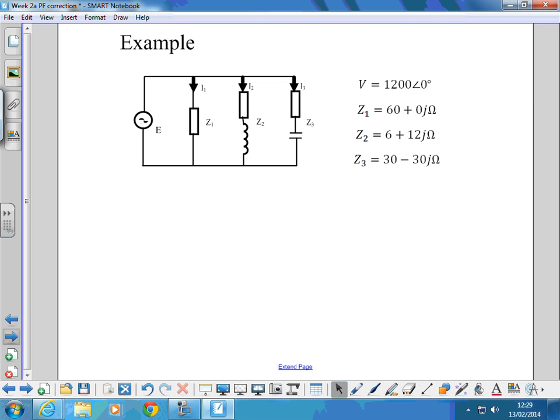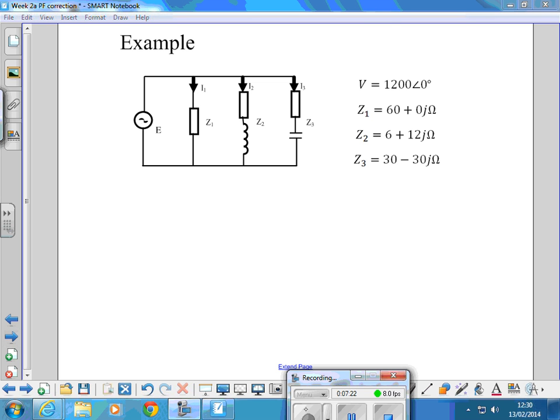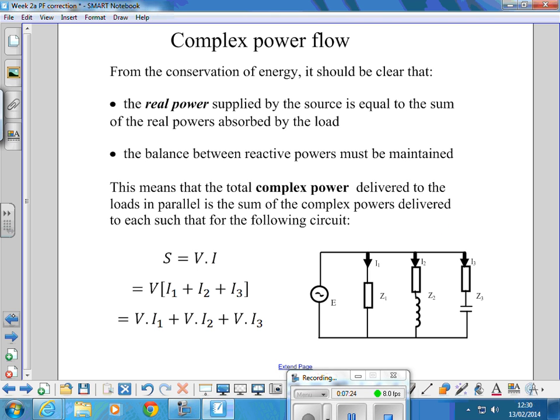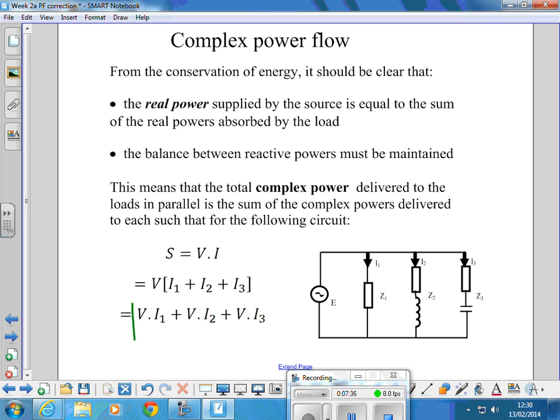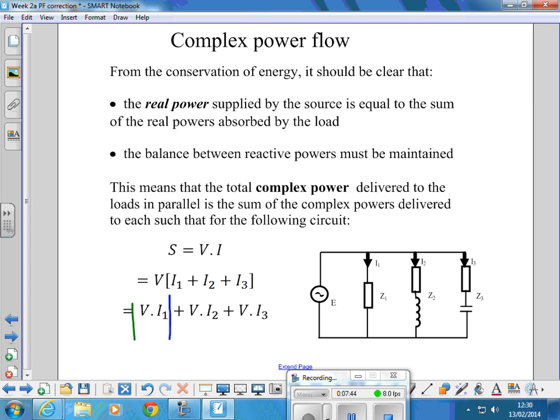So how are we going to do that then? How are we going to find out all these powers? Let's go back to slide 2. In the case of this circuit, that bit there gives us the power for Z1.